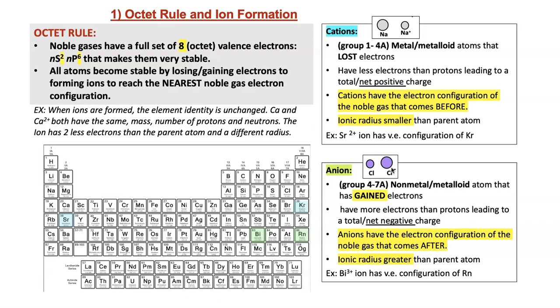And if I tell you there is an atom that becomes smaller in its ionic radius when it becomes an ion than the neutral atom, you need to know that I am talking about an atom that is probably a metal that lost electrons. So if you look at bismuth over here, if it gains 3 electrons, 1, 2, 3, it assumes the radon electron configuration.